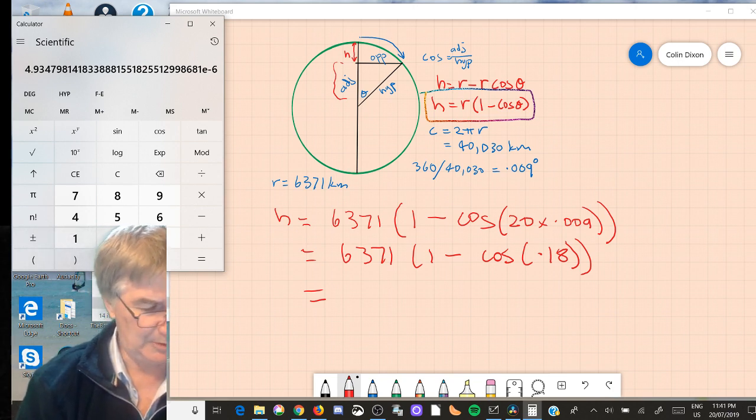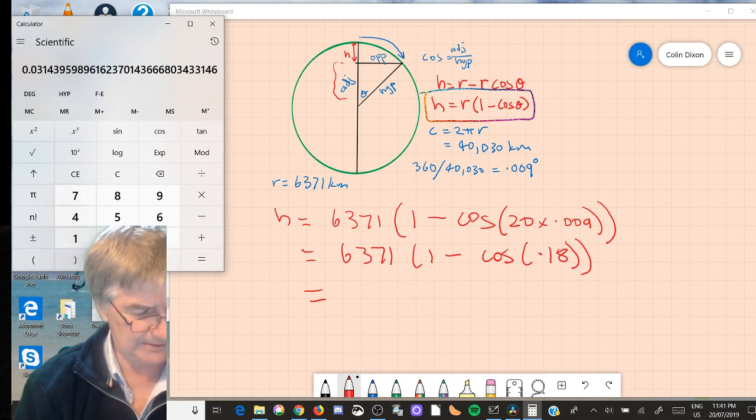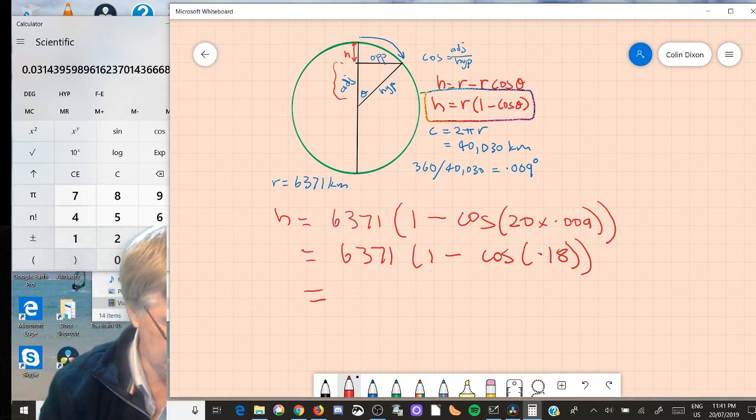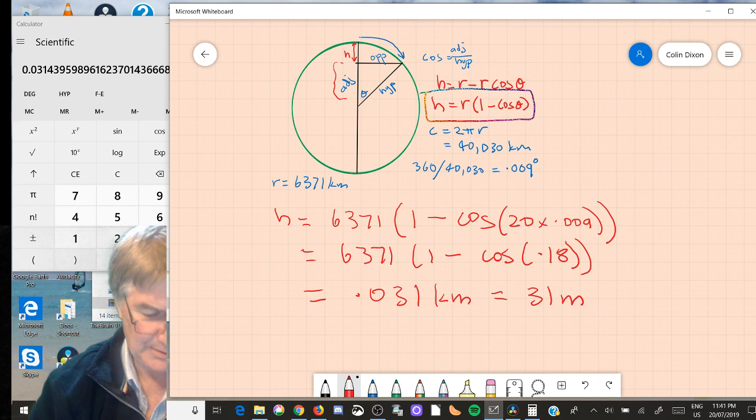And now we've got to multiply it by the radius of the Earth. So we've got that number times 6371 equals. The answer is 0.0314. So I'll just leave it at that. And the units are kilometres. And we can convert that to metres, which is the answer that we had before.